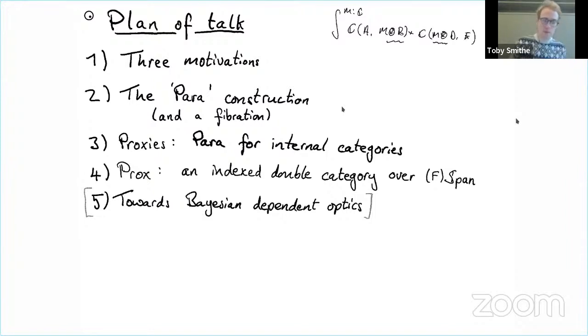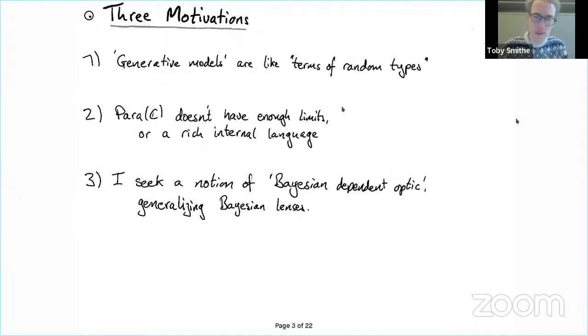But for me, I've got three particular motivations for giving this talk. This same idea shows up quite a lot in the structures I've been working with, particularly to do with Bayesian inference and random cybernetics, or cybernetics in a stochastic environment.